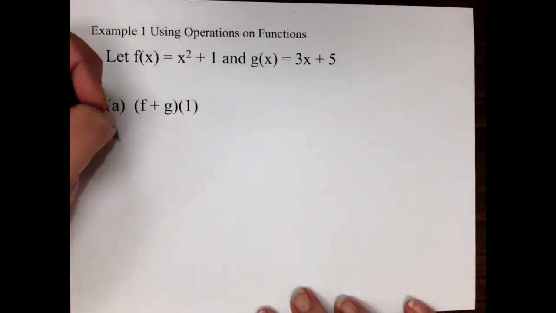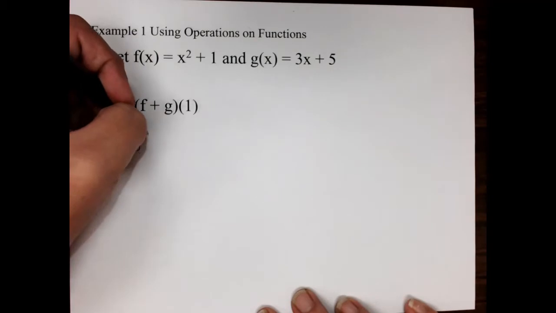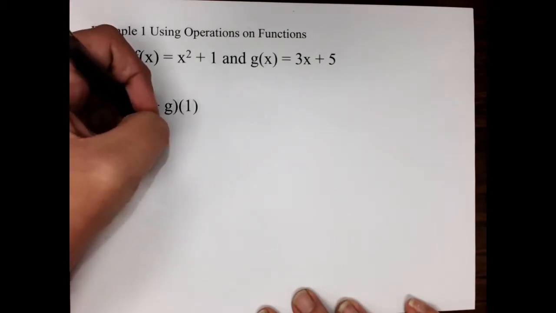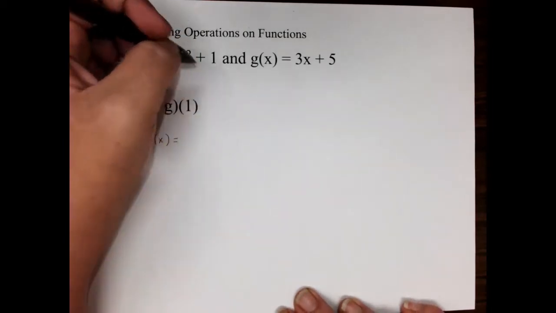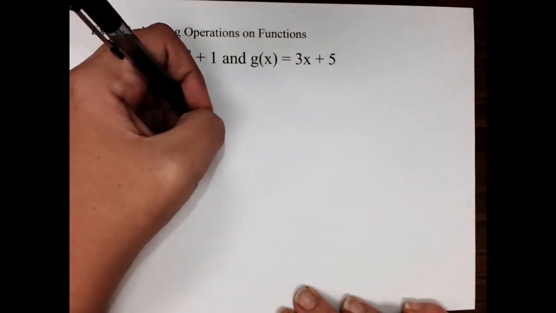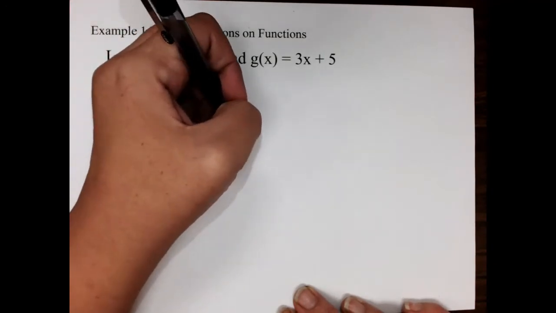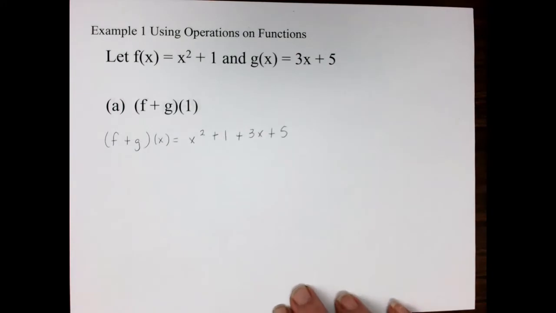So what we need to calculate here is, first let us find f plus g of x. That's asking me to take these two functions and to add them together. So I have x squared plus 1 plus 3x plus 5. Now I need to combine my like terms.